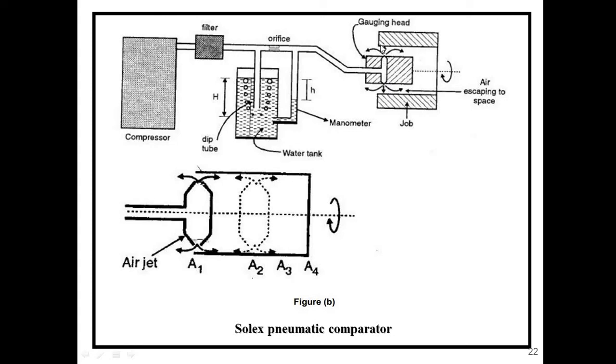Now the component whose dimension is to be measured, this is the job whose internal dimension is to be measured, has to be placed around this gauging head. As this component surrounds the gauging head, it will cause a restriction to the flow of the air which is coming out of the gauging head.